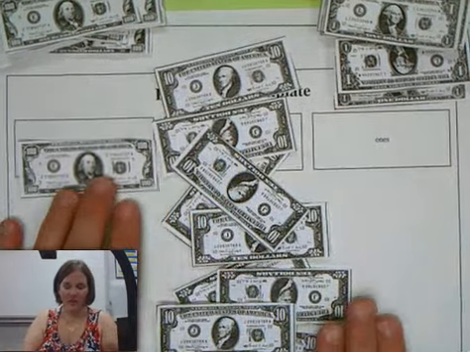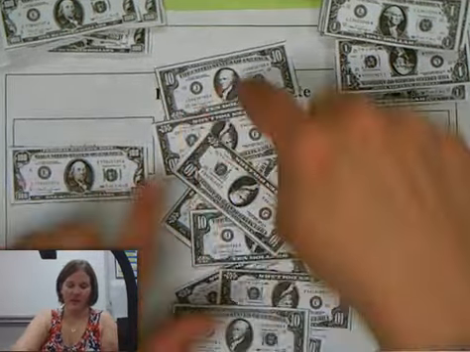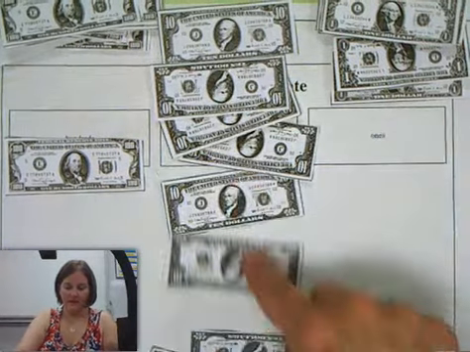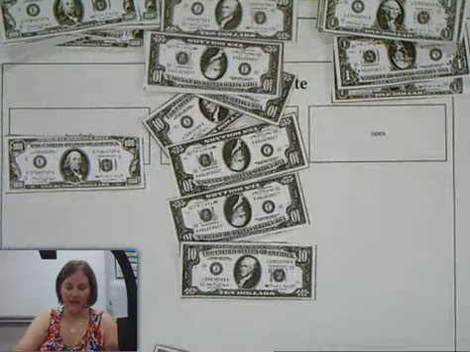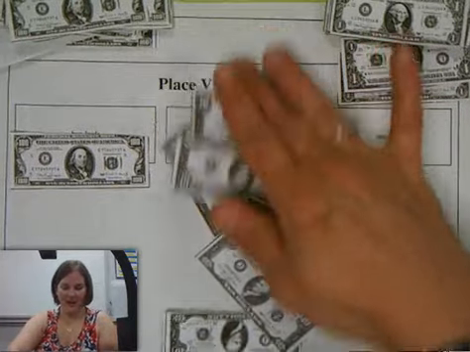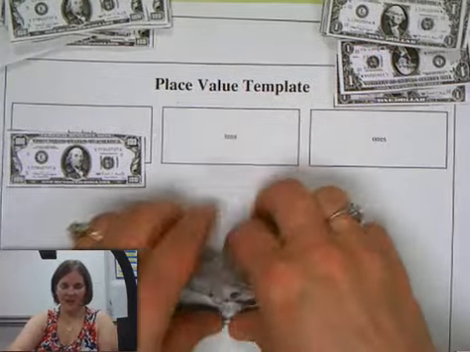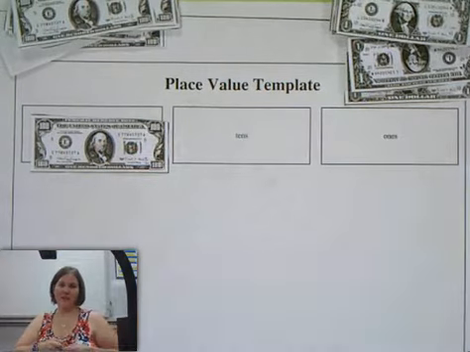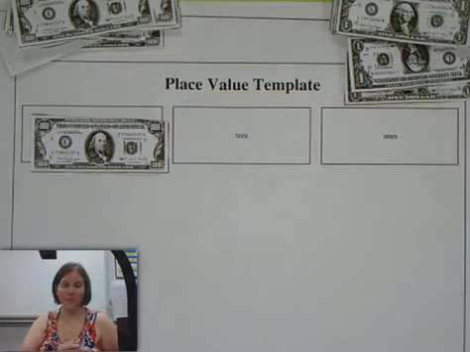And one $100 bill. These two amounts are the same. 10, 20, 30, 40, 50, 60, 70, 80, 90, and 100. So instead of putting 10 tens down, I would trade them in and say, oh, I'm going to put one 100 down because that's much faster. They are both worth the same amount.